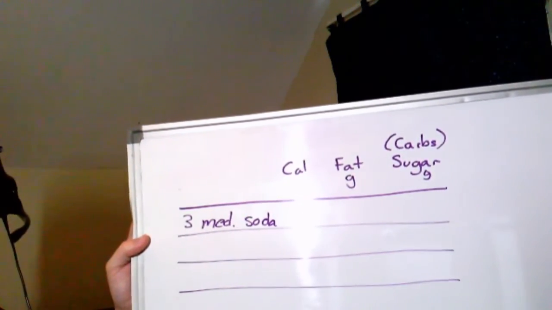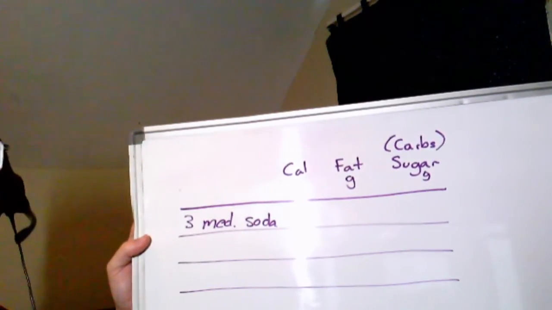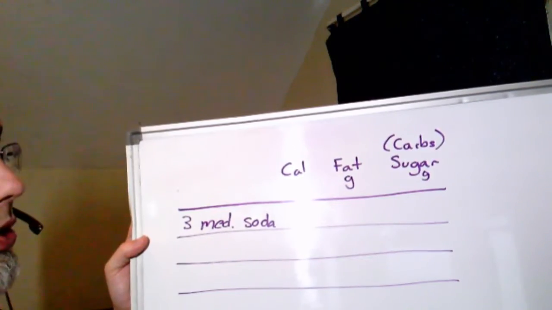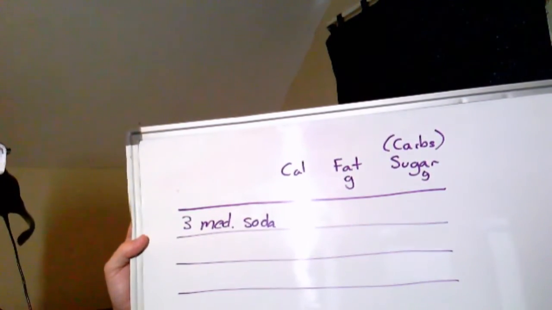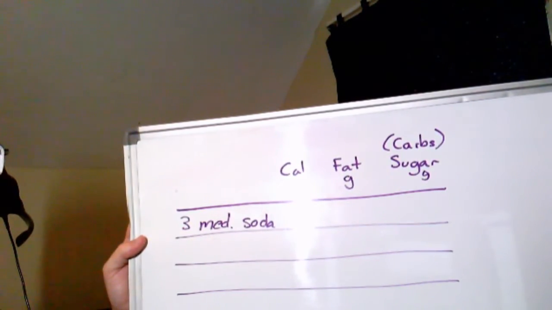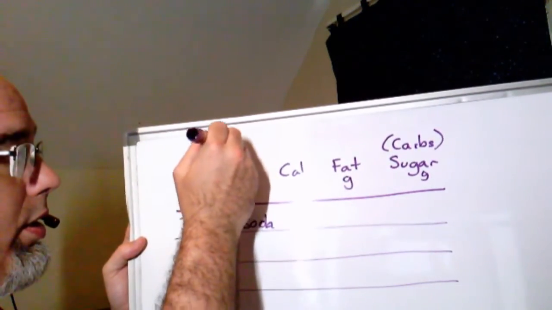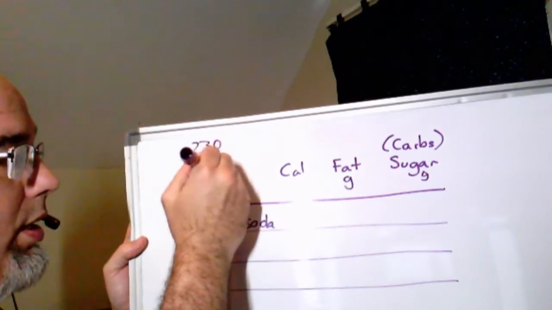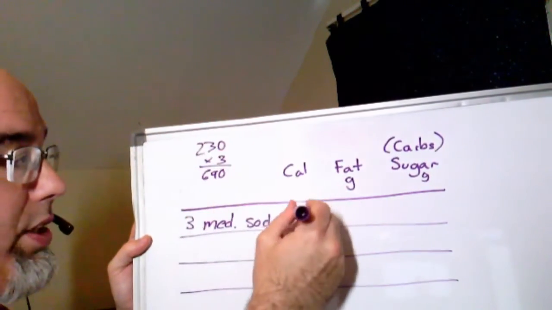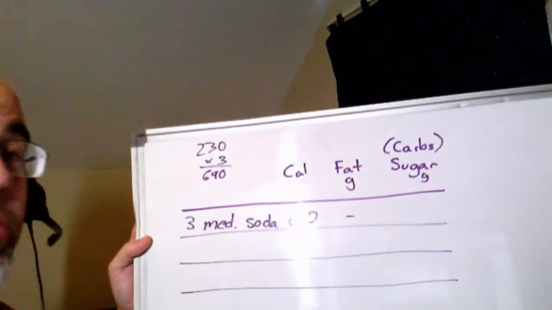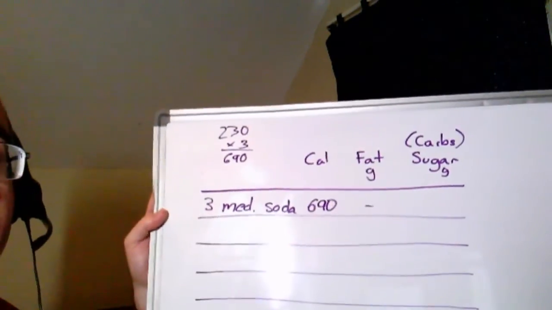Each soda is going to be worth a certain calorie amount. I'm just going to guess right now, but let's say 230 calories times 3. So you're going to have 690 total calories. Grams of fat, well, that's easy. That's 0. Just soda.